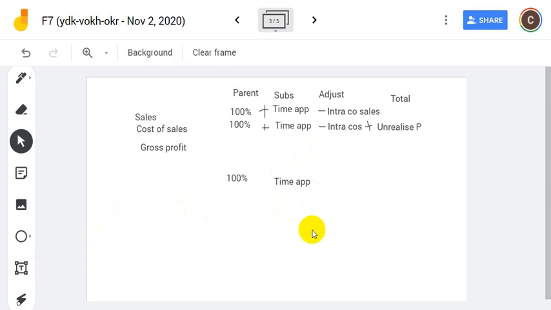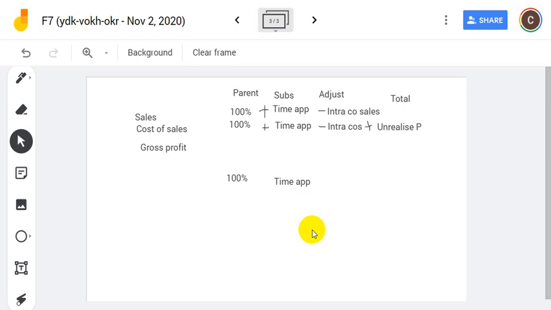So it will just be like that all the way down until you finish consolidating your profit and loss account. Line by line, you'll be consolidating 100% parent, time apportion subsidiary, the expenses, the tax.